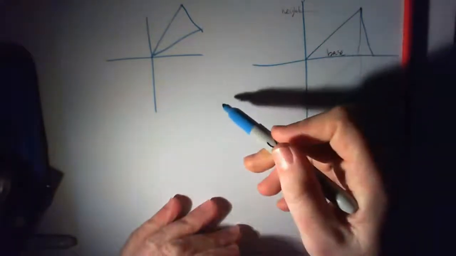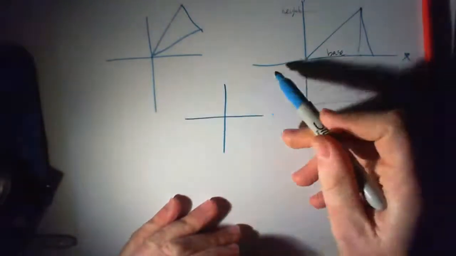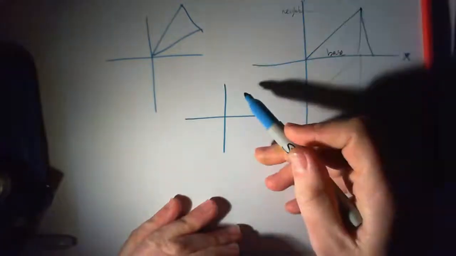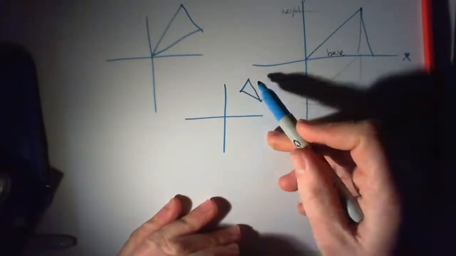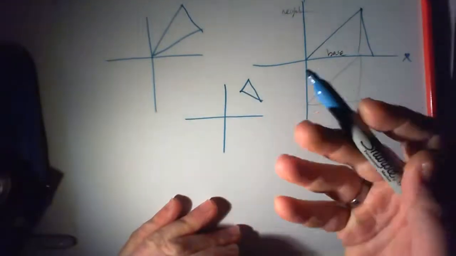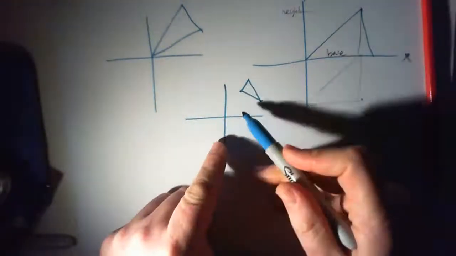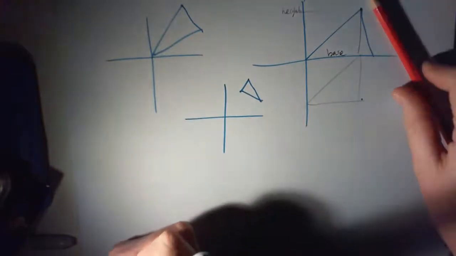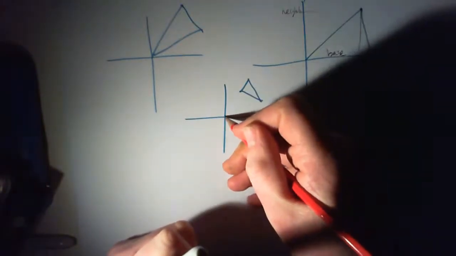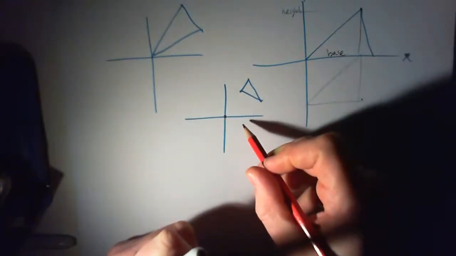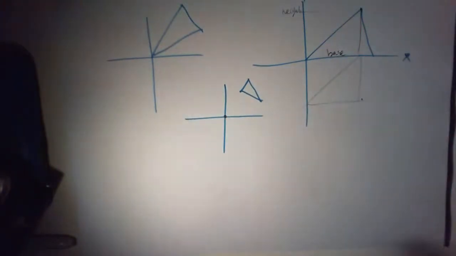Apologies for drawing it like this, but it's just to spitball the idea. Let's say you have a triangle floating around up here somewhere in the first or second quadrant. It wouldn't make a difference where it is. If you can map it such that one of the points, it doesn't matter which corner, gets anchored to 0, 0, you can use a particular formula.